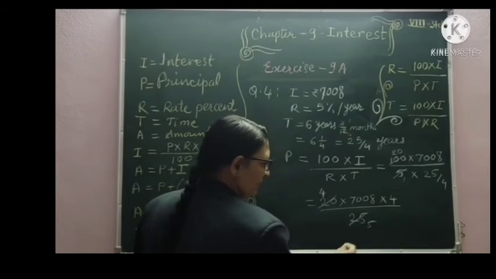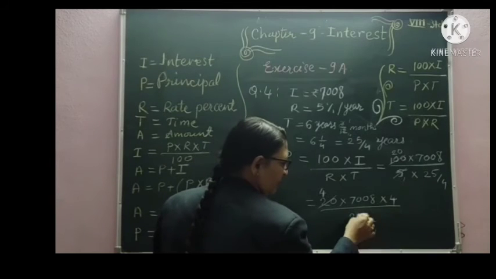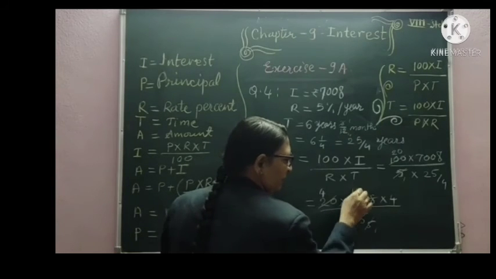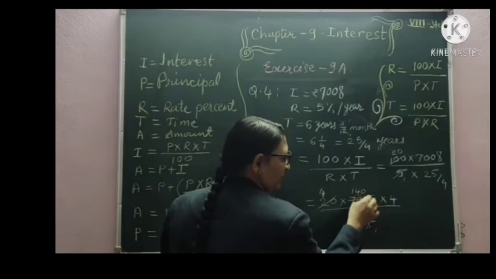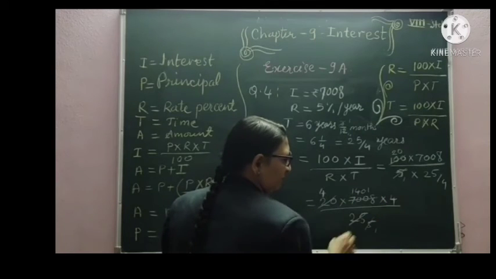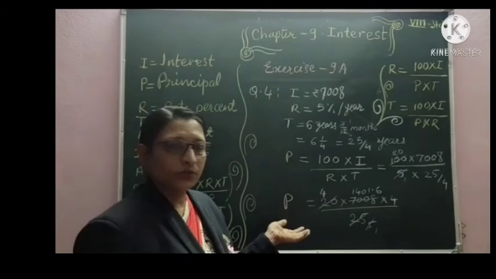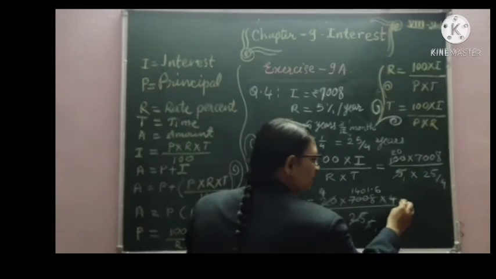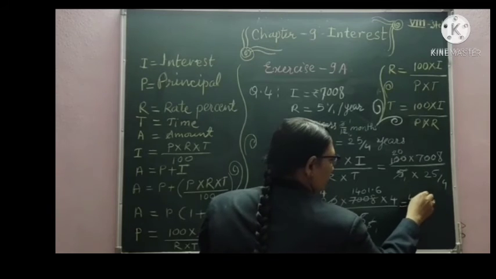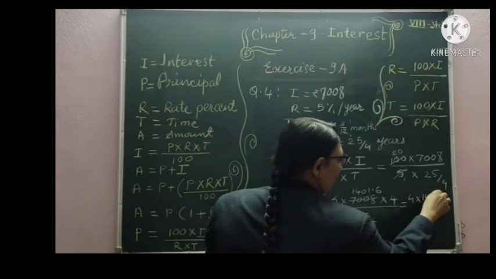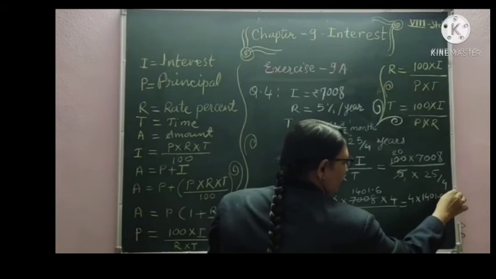Let us divide this one. 5 ones are 5, 5 ones are 5, 2 remain, 5 fours are 20, 0 as it is, 5 ones are 5, 3 remain, decimal point we will take and 5 sixes are 30. So the next step, 4 into 1401.6.